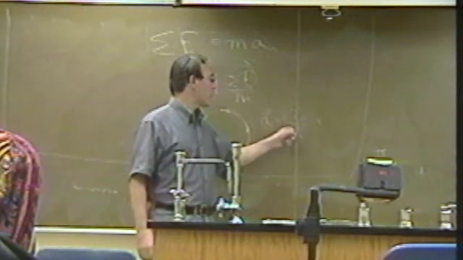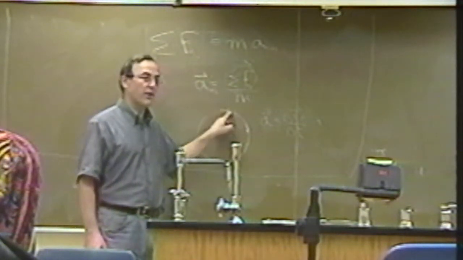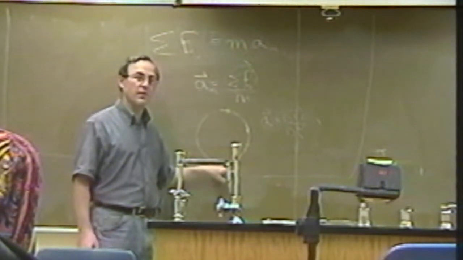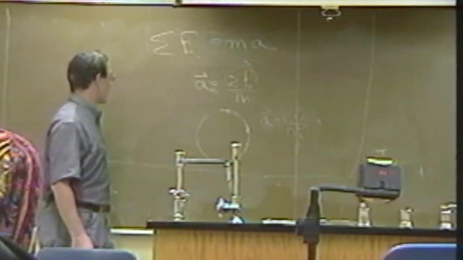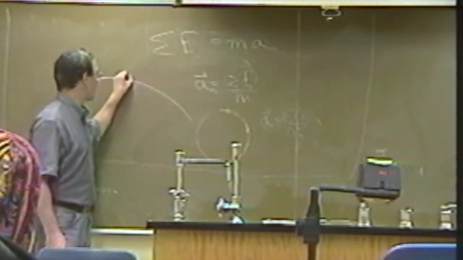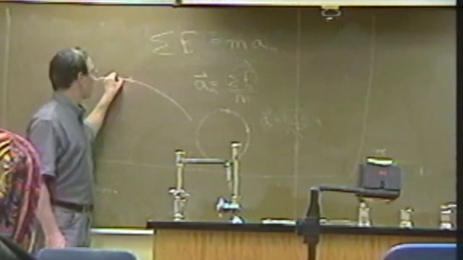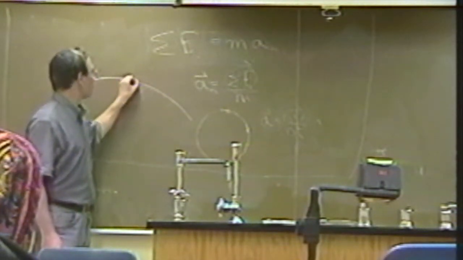So really what I have to do is think of two points that are very, very close together. Let me take a part of a circle, and I'll take the velocity at this time, and the velocity at this time.